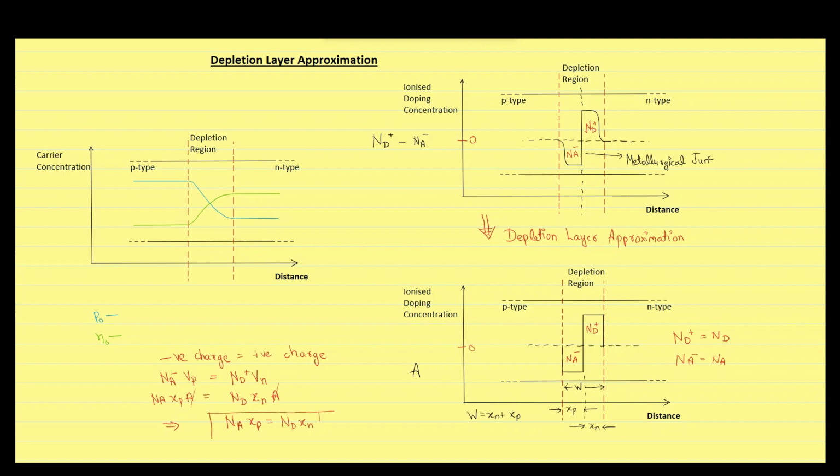Interestingly, depletion approximation is used to calculate charge in the depletion region and electric field, but it is not used for calculating current as it would give infinite current. We know that diffusion current is equal to area multiplied by charge multiplied by diffusion constant multiplied by concentration gradient.